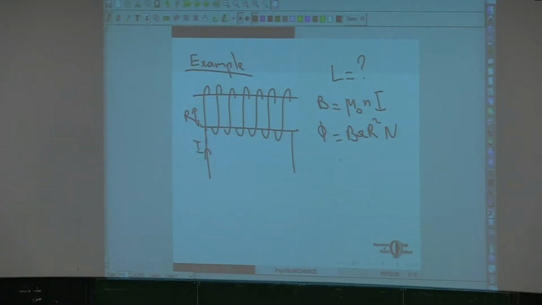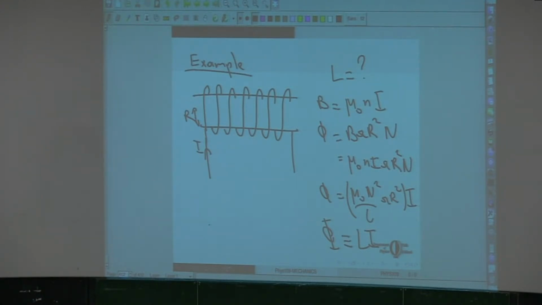And since we know B, this will be mu0 n I pi r squared times large N, or this is equal to mu0 N squared over L pi r squared times I. This is the flux. The definition of the self-inductance is that this should be L times I. So this constant over here is what we call the self-inductance of a solenoid of length L.